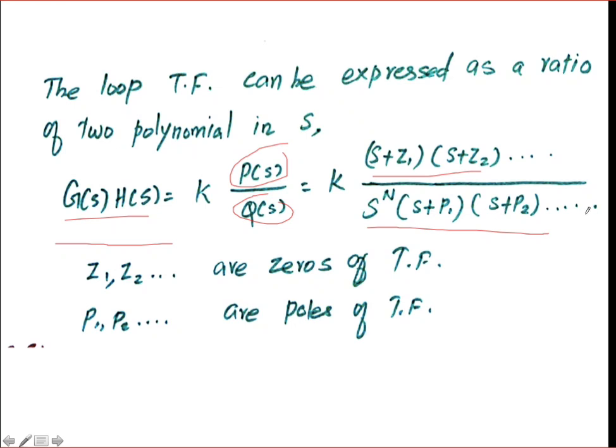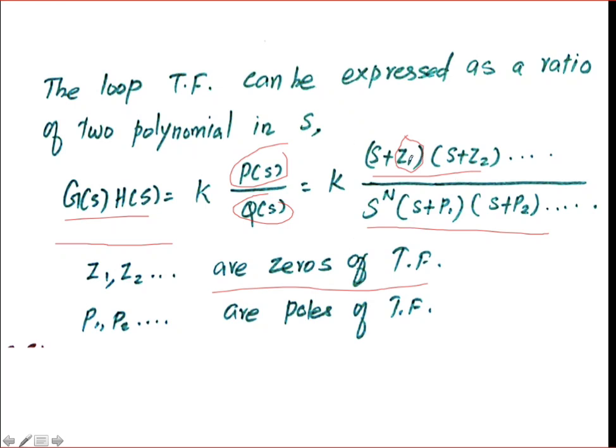For example, just take it here. Z1, Z2, Z3 and Zn, all these are called zeros of the transfer function. The factors of the numerator polynomial are called zeros, and the factors of the denominator polynomial are called poles.